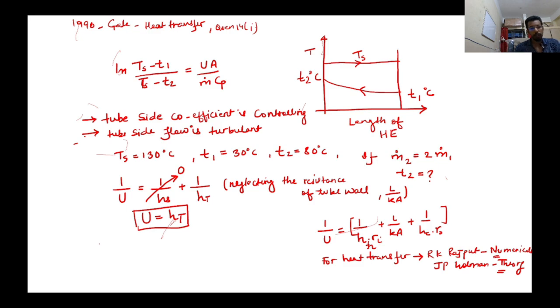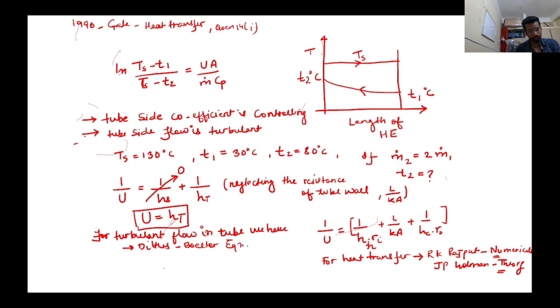Now the second piece of information: tube side flow is turbulent. So for turbulent flow in a tube, we have the Dittus-Boelter equation.